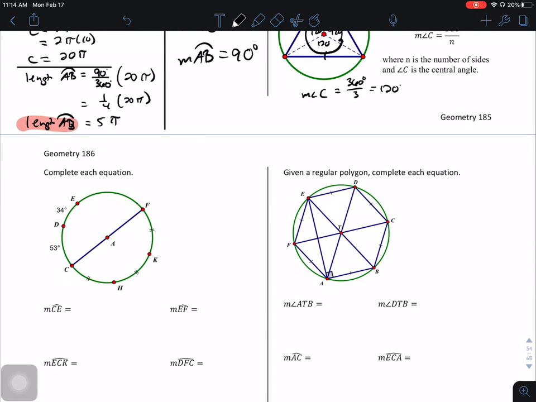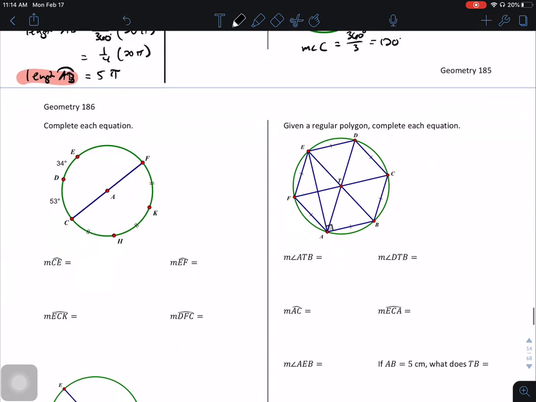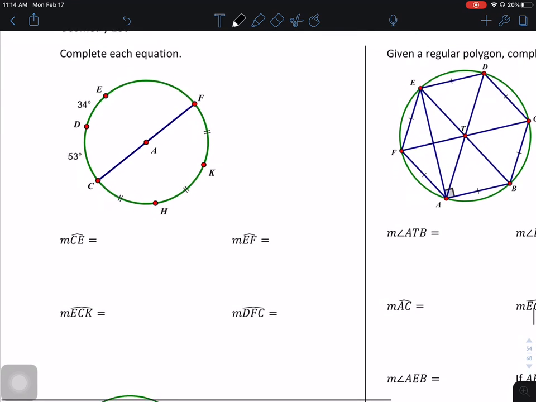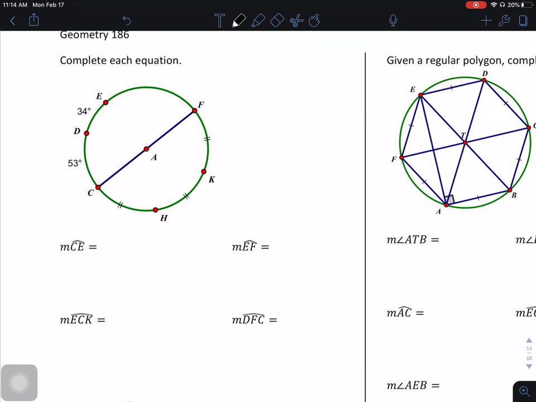Moving on to some examples. Concepts are pretty easy, but the problems can get complicated. What's the measure of arc CE? The measure of the arc is referring to degrees, not an actual length. CE consists of the measure of arc CD plus the measure of arc DE.